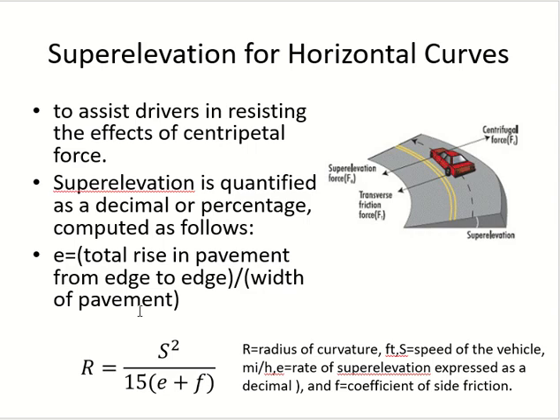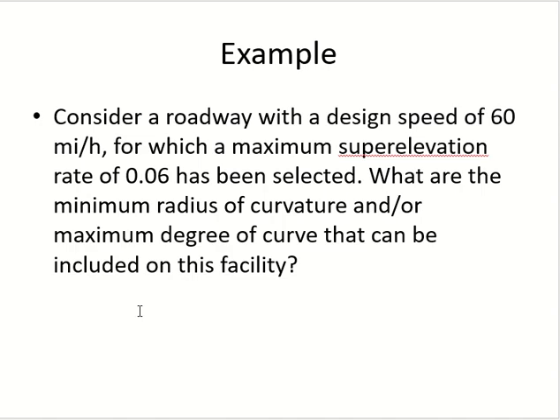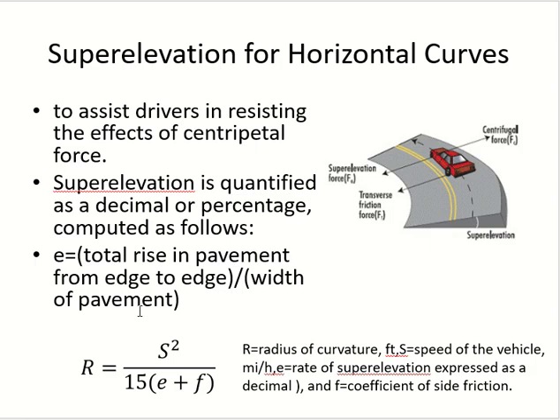The coefficient of side friction is coming from here. This factor was already discussed in the previous chapter as well. Consider a road which has a design speed of 60, maximum superelevation 6%. What is the minimum radius and degree of curvature for this facility? For radius, we'll use this equation.